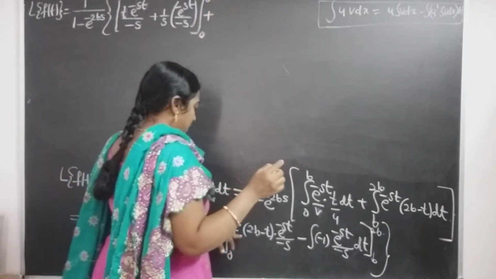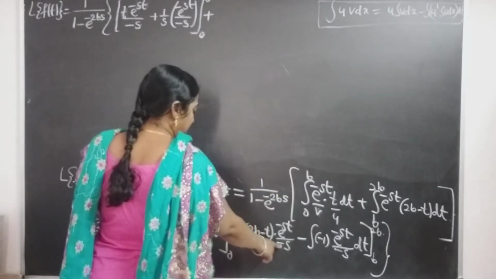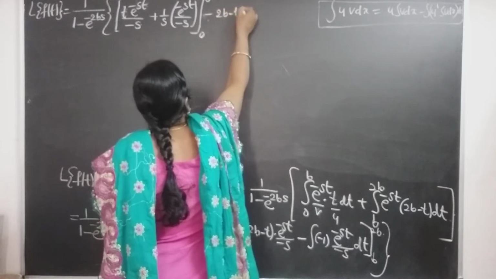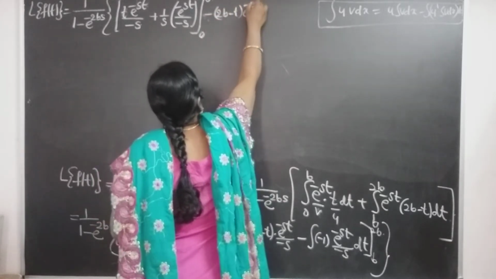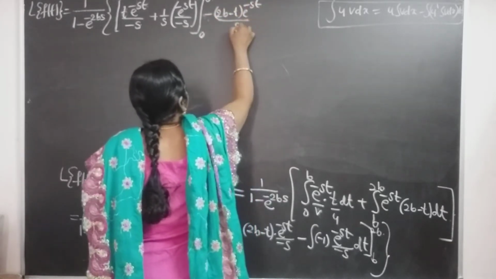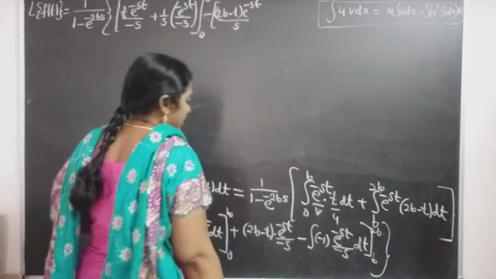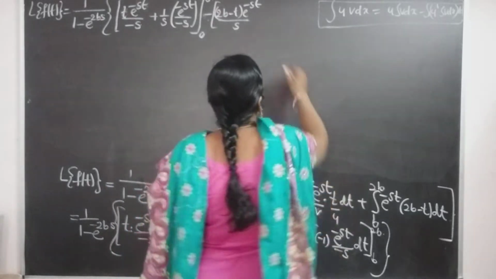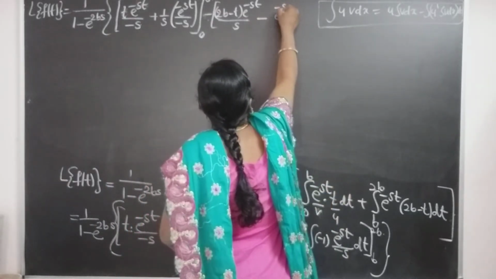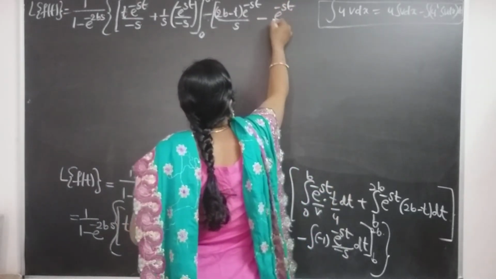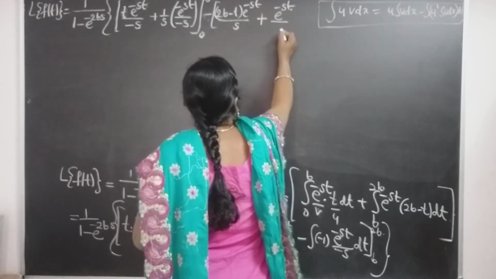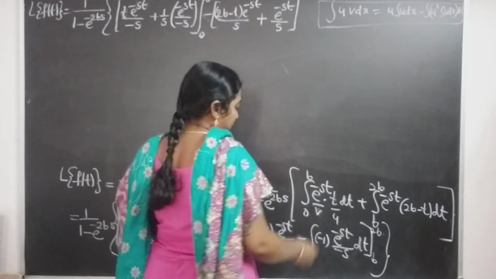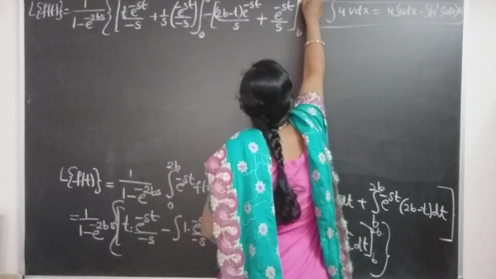Plus, it is minus, right, minus 2b minus t into e power minus st by s, minus into minus plus, plus into minus minus, again e power minus st integration is e power minus st by minus s, minus into minus plus. Limits from b to 2b.